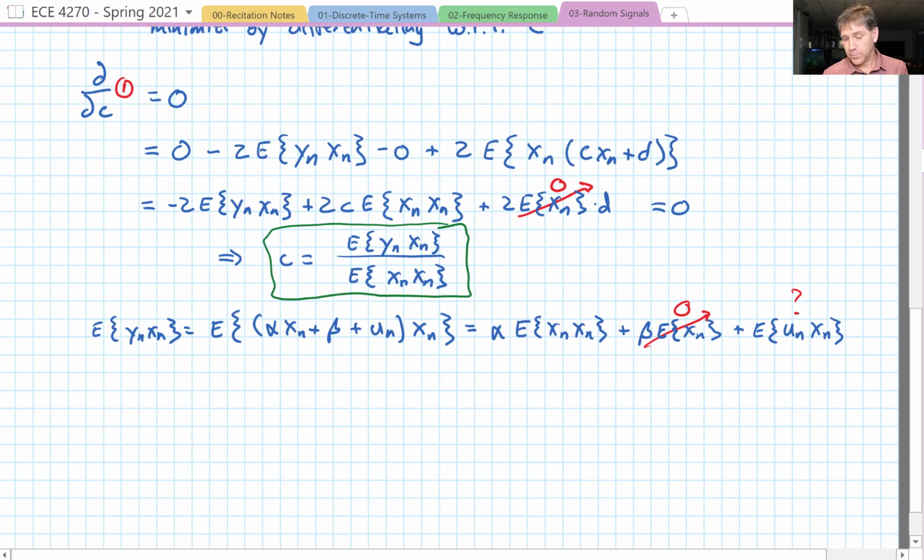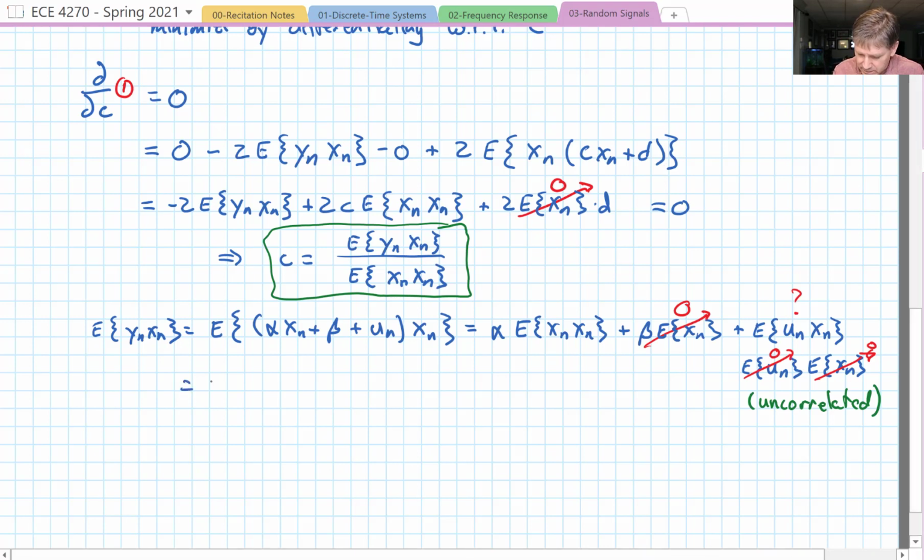If we assume that u[n] and x[n] are uncorrelated, in other words, the noise isn't a function of the signal x, and this is a very reasonable assumption, then we get this. And that's 0, and that's 0, so it disappears.